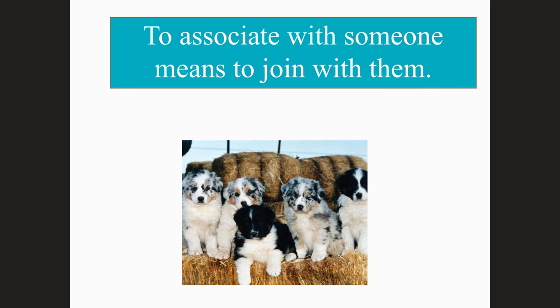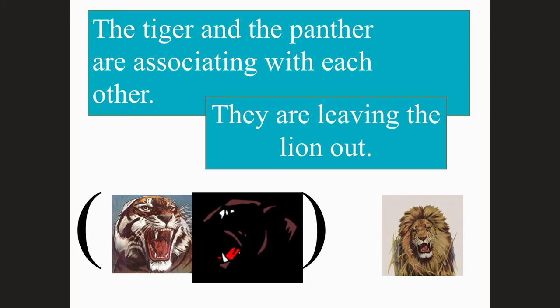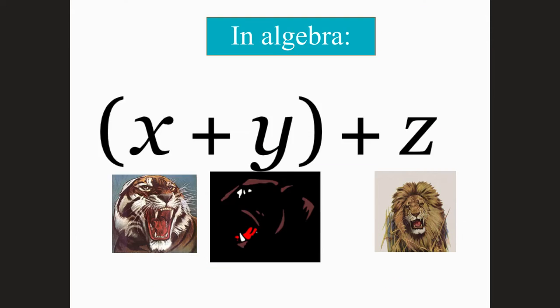To associate means to join with. Here we have an image of a lion and a tiger associating with each other, and they're leaving the lion out. In algebra, this looks like this. We have parentheses, x plus y, close parentheses, plus z.